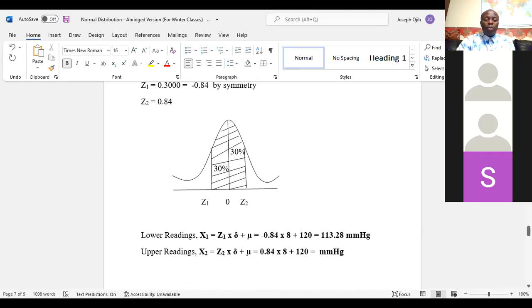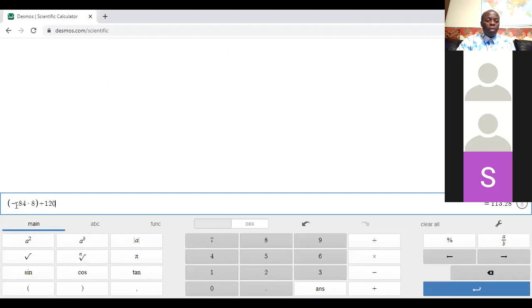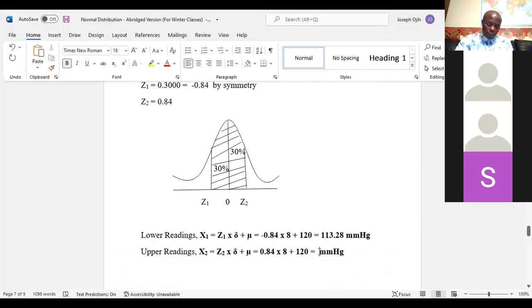So we can do the calculator and change the formula from negative to a plus. That gives us 126.72 millimeter of mercury. So these are the upper and lower readings to qualify: 113.28 and 126.72 millimeter of mercury.